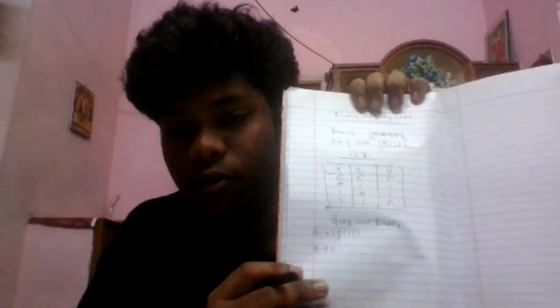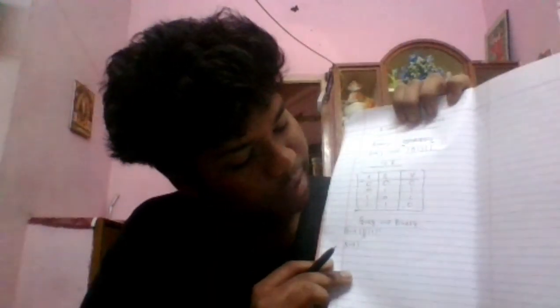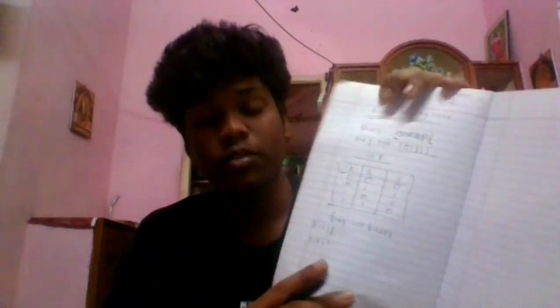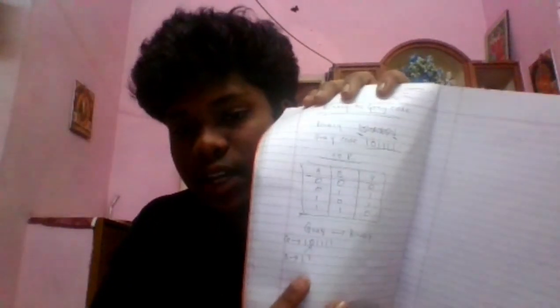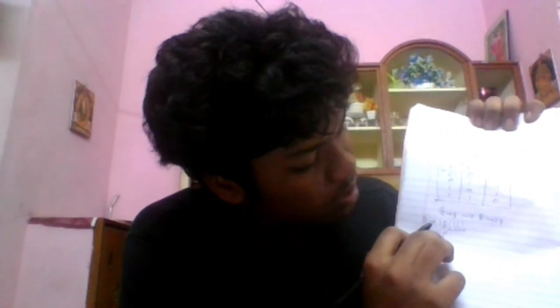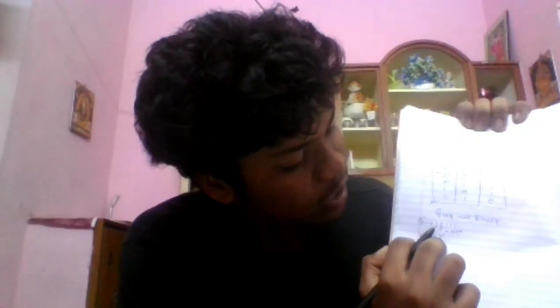When we do the XOR gate to 1 comma 0, we'll have the result as 1, because when the inputs vary, the resulting value in XOR gate will be 1. The process will be repeated for every term and the converted binary value. Next we'll do the XOR gate to 1 comma 1.